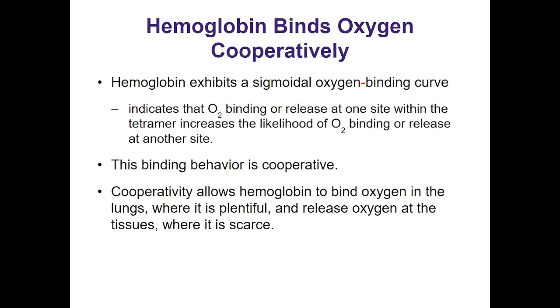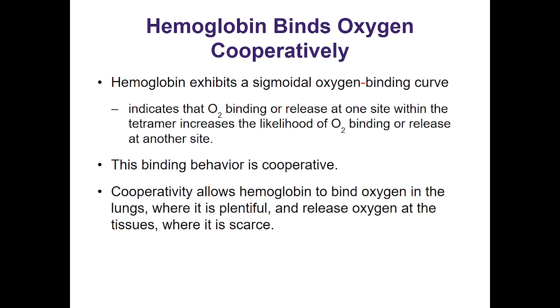Okay, so hemoglobin's kind of interesting, and what makes it have its special properties where it can transport oxygen to low oxygenated areas in your body is that it actually binds oxygen cooperatively. So the hemoglobin is going to exhibit a sigmoidal oxygen binding curve. Remember, sigmoidal is that S-looking curve? Okay. This is going to indicate your oxygen binding or release at one site within the tetramer actually is going to increase the likelihood of oxygen binding or release at another site.